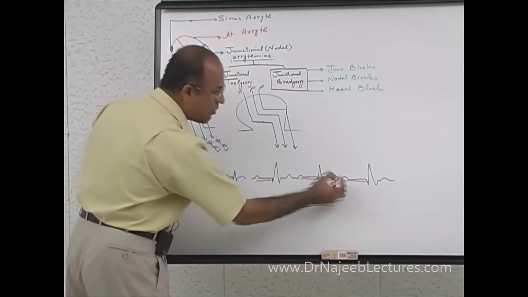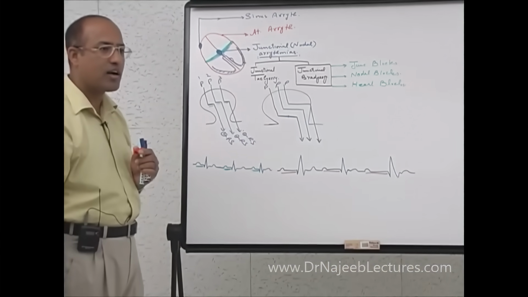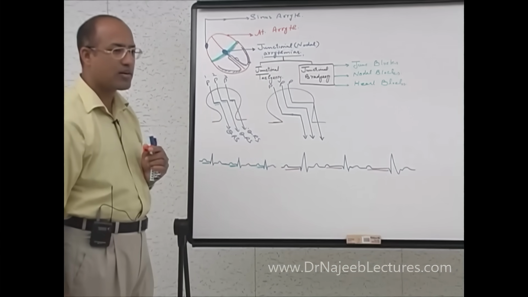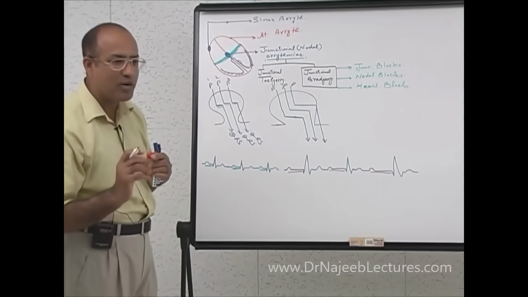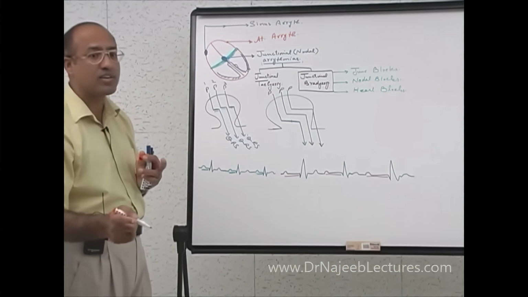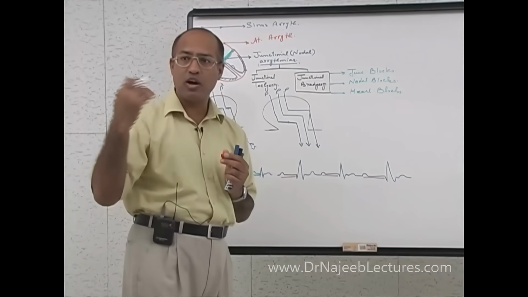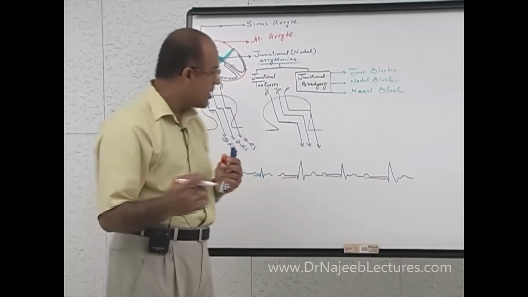Now this type of block is called first degree block. This is a very mild block. Every current from the atrium is allowed to go to the ventricle, but it is held in the AV node for an unusually longer duration.